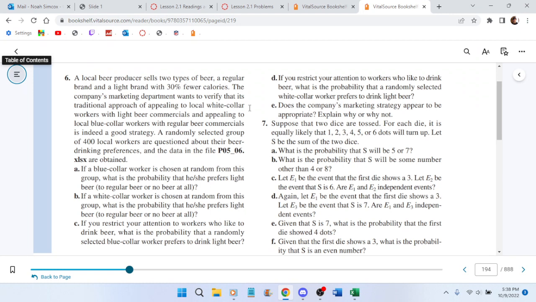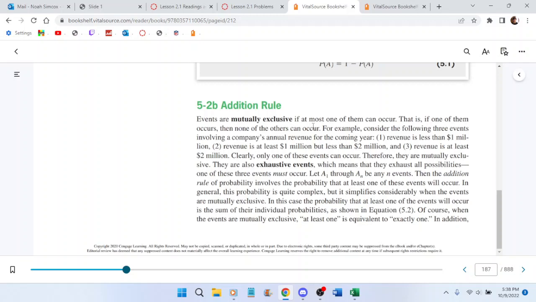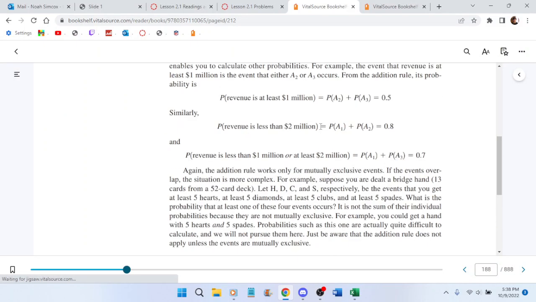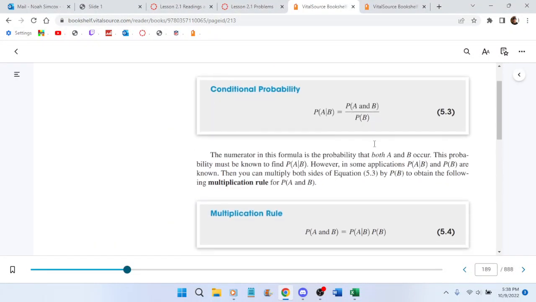I feel like I'm doing it wrong, gosh dang it. The probability of A given B is the probability of A and B divided by the probability of B. Maybe this is what we're supposed to be doing.